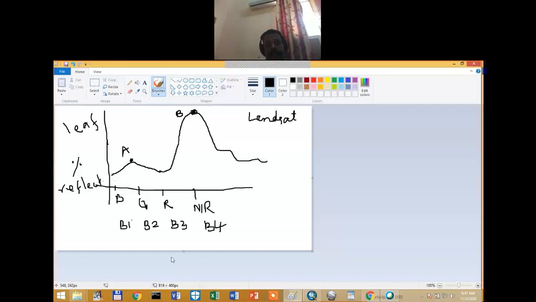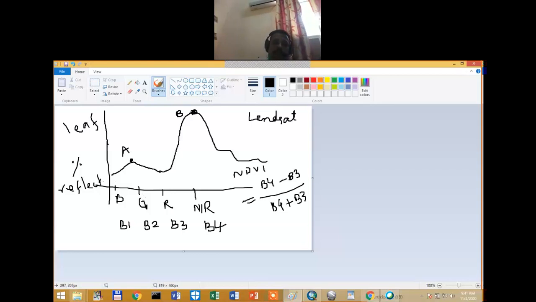Okay, so let us now remember the equation of NDVI. NDVI is band number 4, that is near infrared, minus band number 3, that is visible red, divided by band number 4, that is near infrared, plus band number 3.